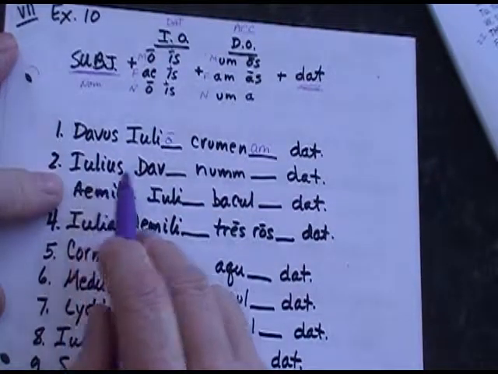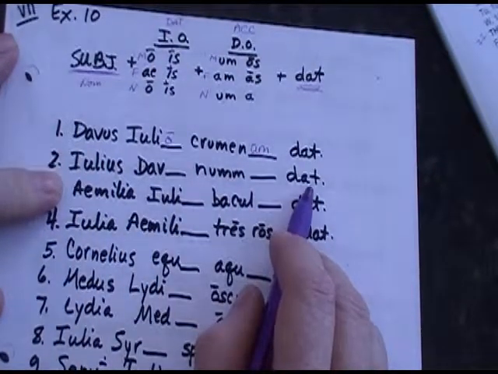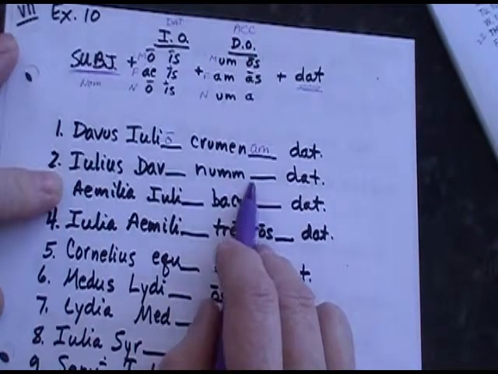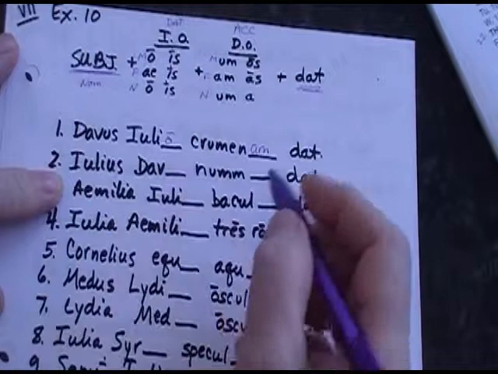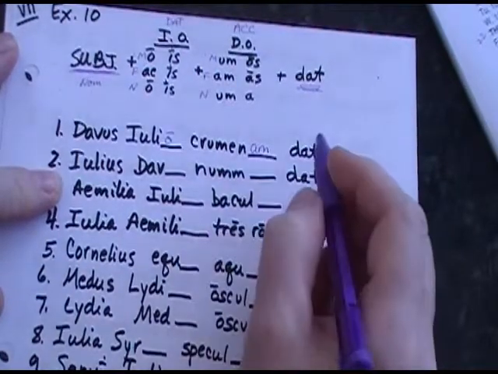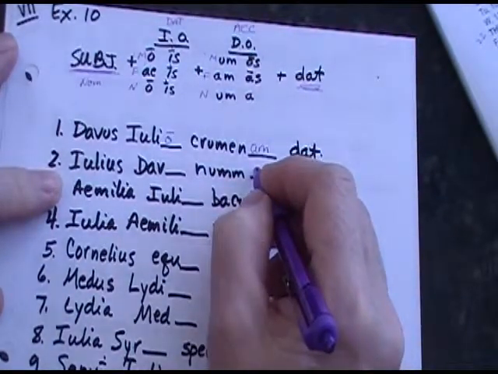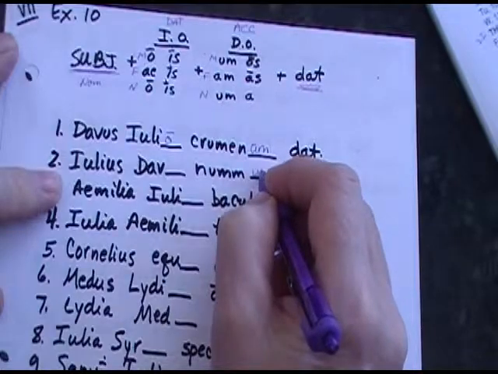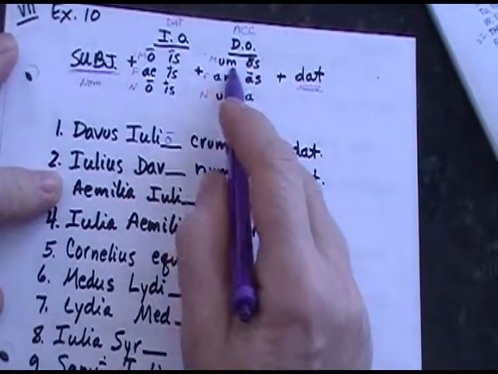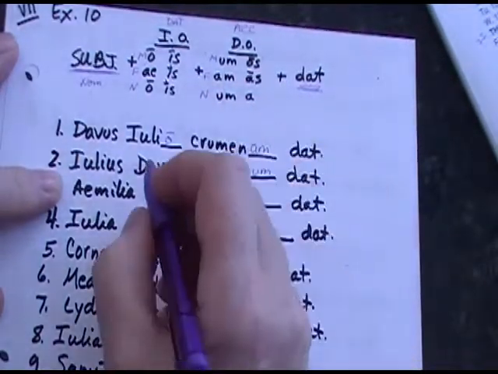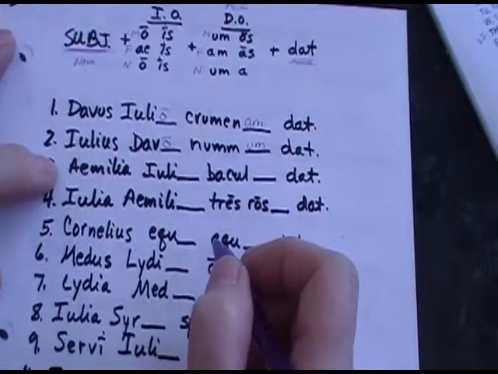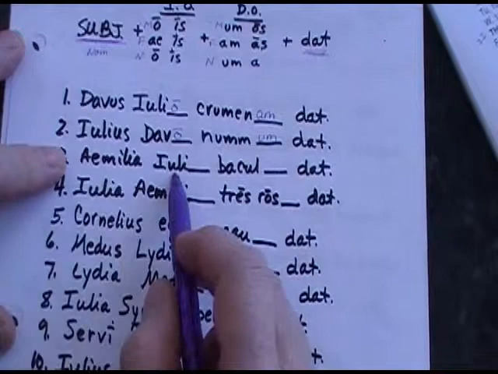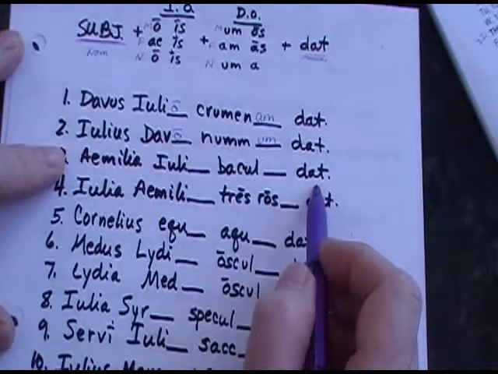Number 2, Iūlius gives nummus, remember nummus, a coin, to Davus. So this has to be accusative. So it's the masculine accusative, nummum, and again, Davō. Number 3, Amelia Iūliō baculum dat.